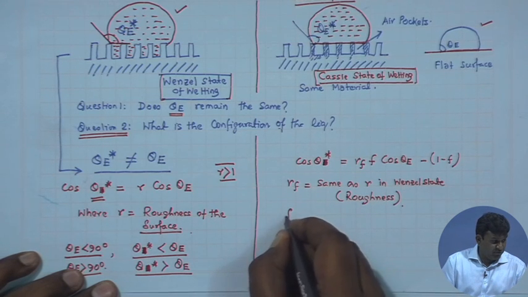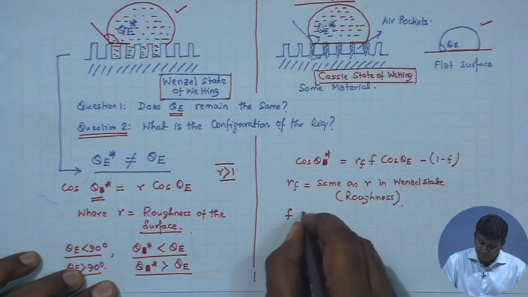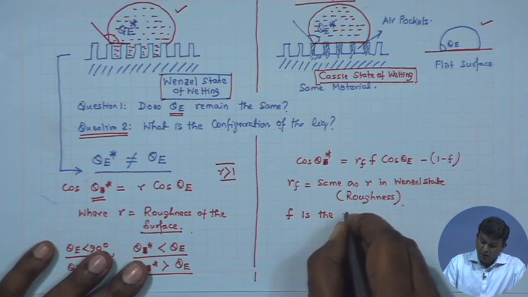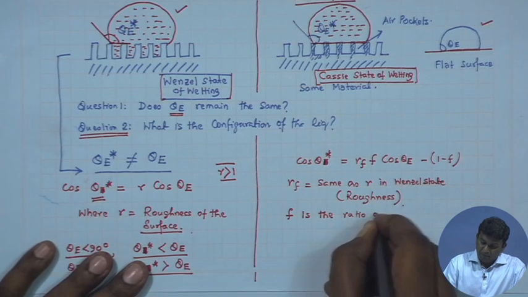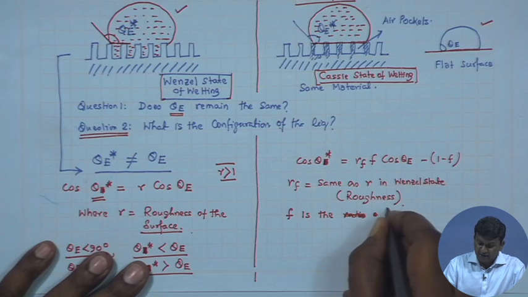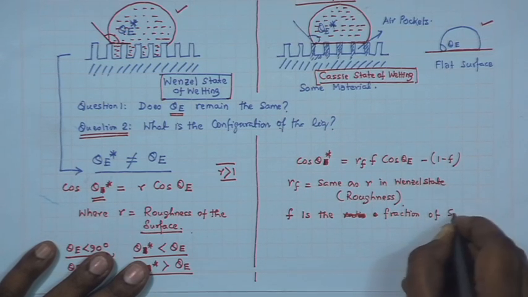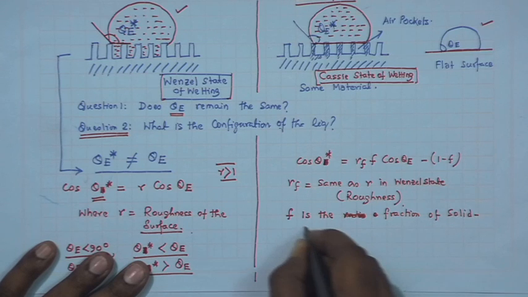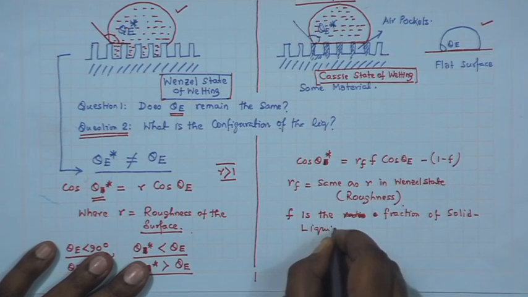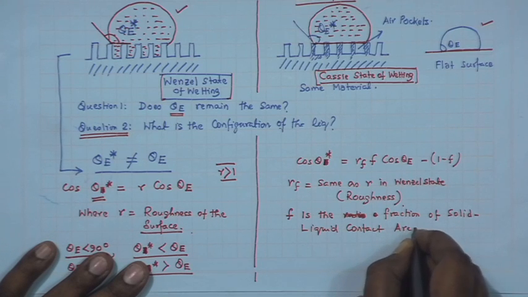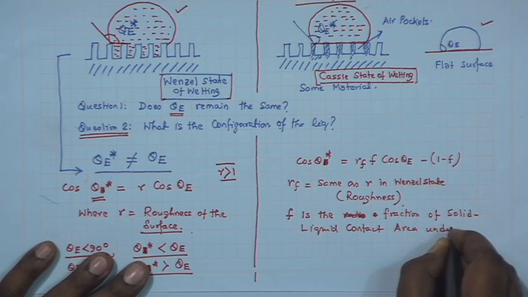and f is the ratio, or it is the fraction, in fact, of solid liquid contact area under the drop.